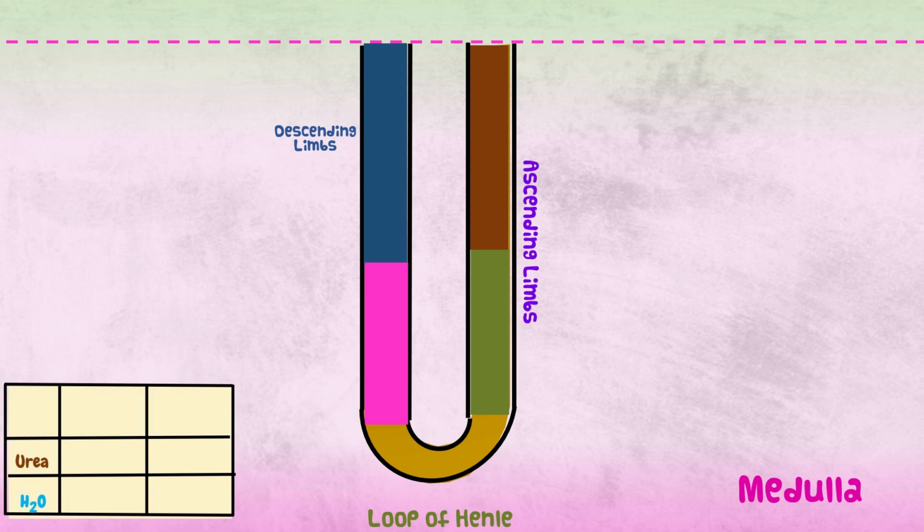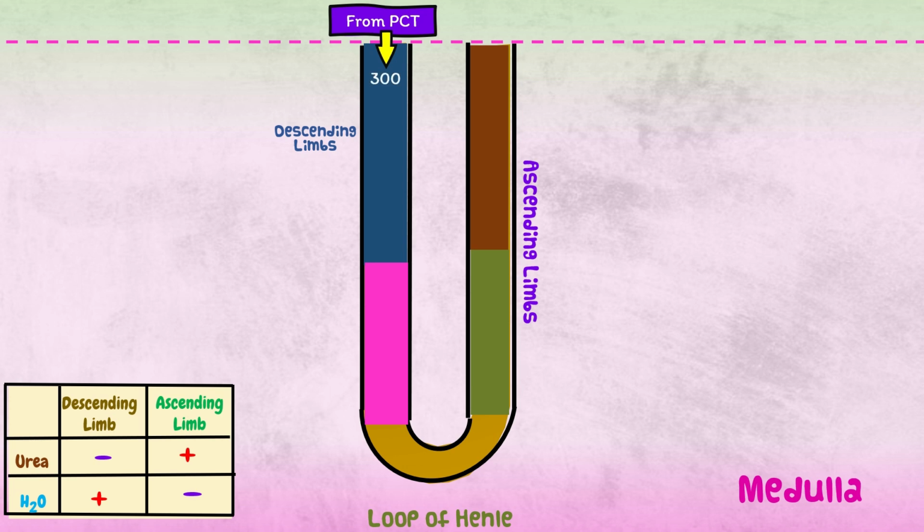Thin descending limb is permeable to water, but impermeable to urea, whereas ascending limb is impermeable to water, but permeable to urea. From proximal convoluted tubule, fluid entering the descending limb of the loop of Henle is isotonic with plasma, which is 300 milliosmol per liter.